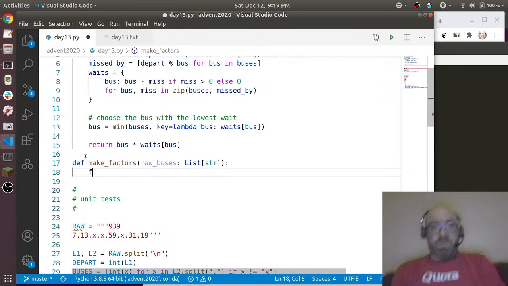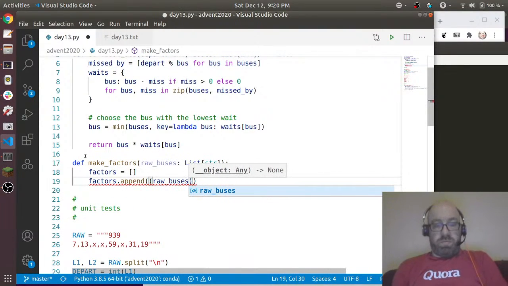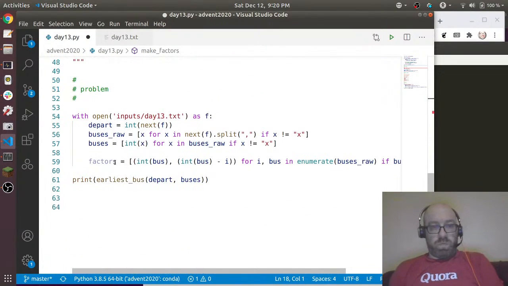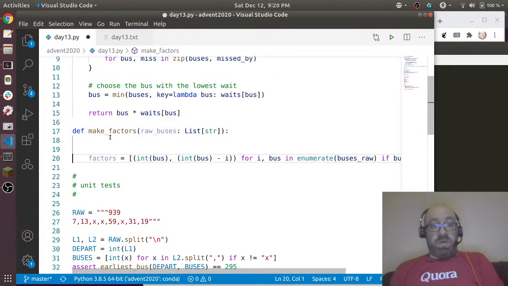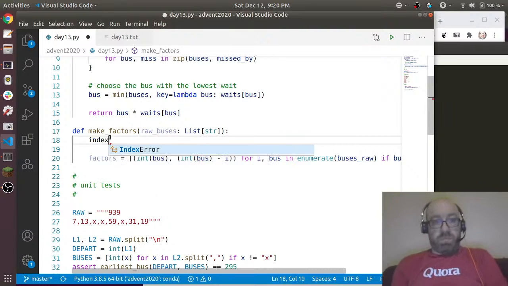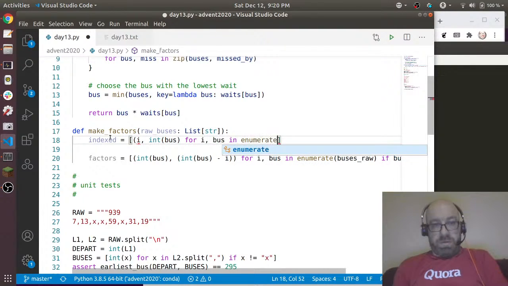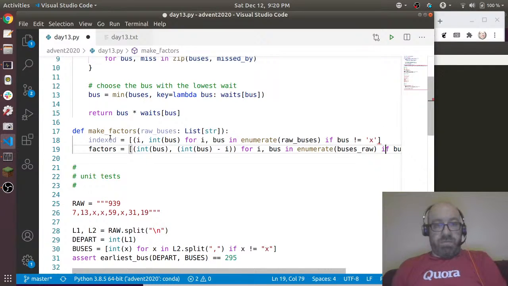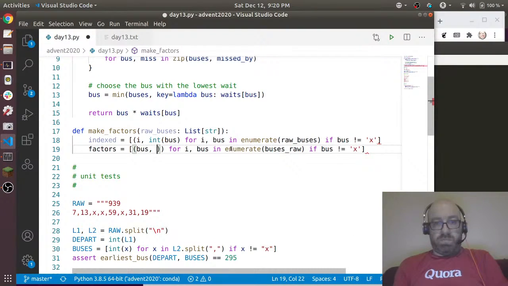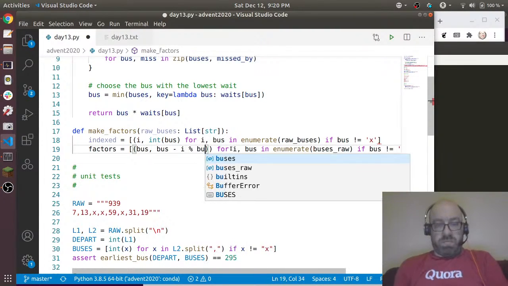And what I want to do is say factors equals this, factors dot append, and let's say indexed equals i, int bus for i, bus in enumerate raw buses if bus is not equal to x, and then factors equals bus minus i mod bus.